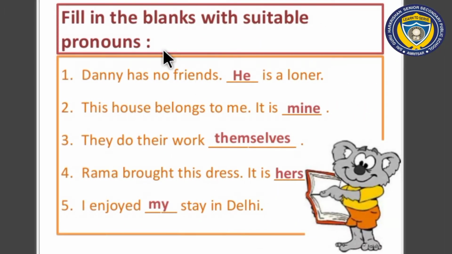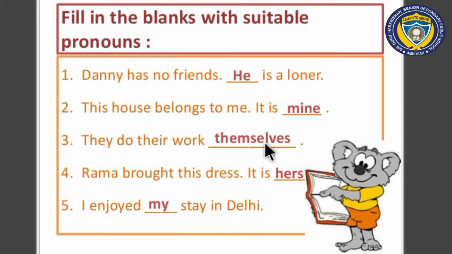Now fill in the blanks with a suitable pronoun. For your practice, Danny has no friend. So instead of Danny, we use he as a personal pronoun. This house belongs to me. It is mine. So instead of using my house, we used the pronoun mine. They do their homework themselves.